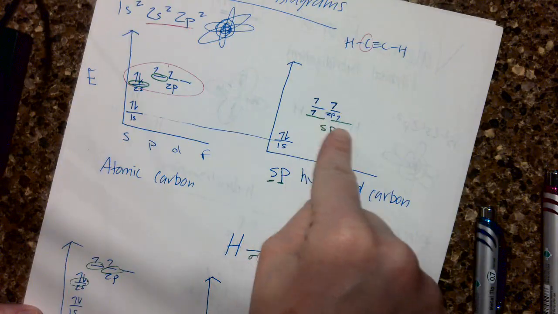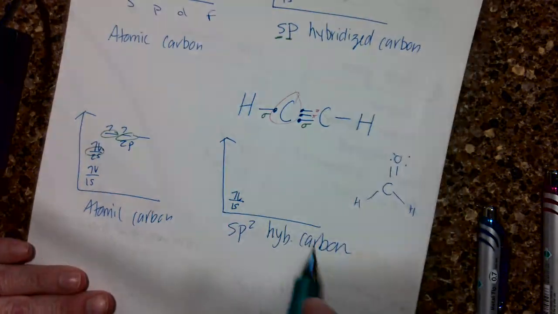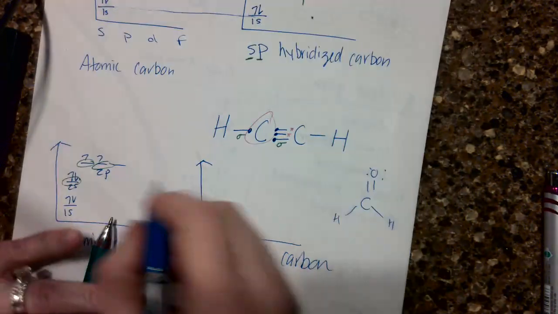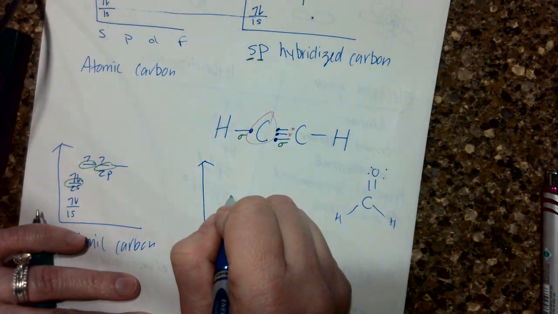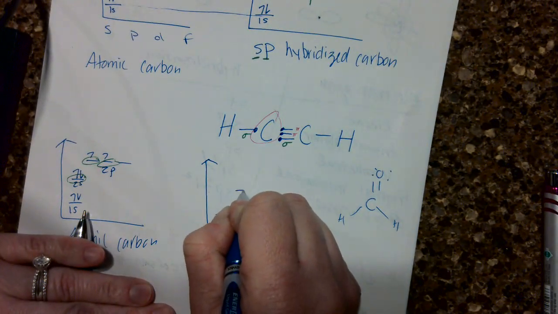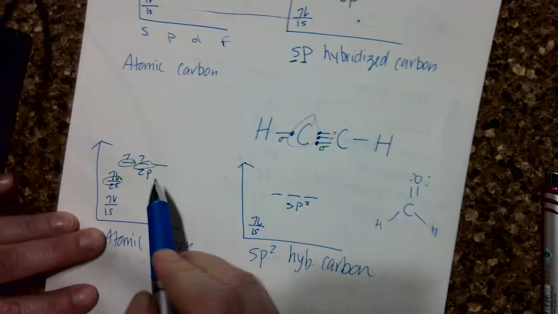This was like literally halfway between S and P. This one is going to be about 2/3 of the way up there. So it's going to be a little bit closer to P, but not quite there. And we made, right, 1, 2, 3 sp2s.